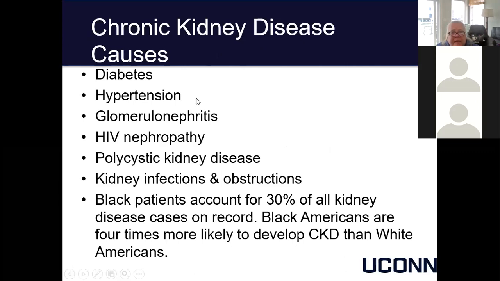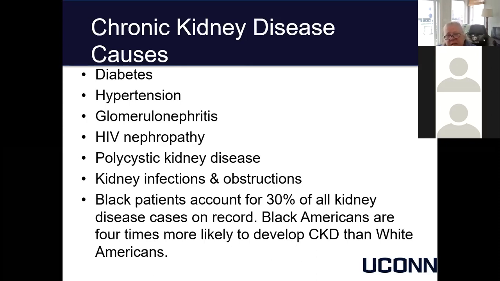So we know diabetes, hypertension, we talked about glomerular nephritis. HIV brings its own nephropathy as part of its process. Polycystic kidney disease often is a concern or precursor to chronic kidney disorders. Chronic infections, poorly managed infections, obstructions.